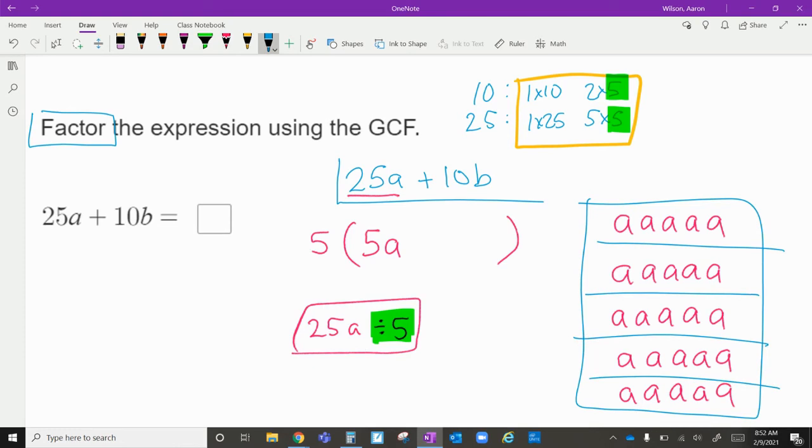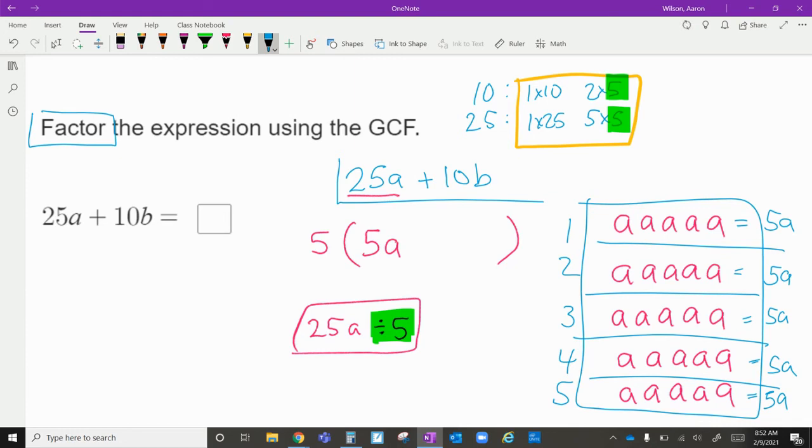Look, group number 1, group number 2, group number 3, group number 4, group number 5. Well, how many is in each row? There's 5 A's. That's why 25A divided by 5 is 5A, because there's 5 A's in every single row.